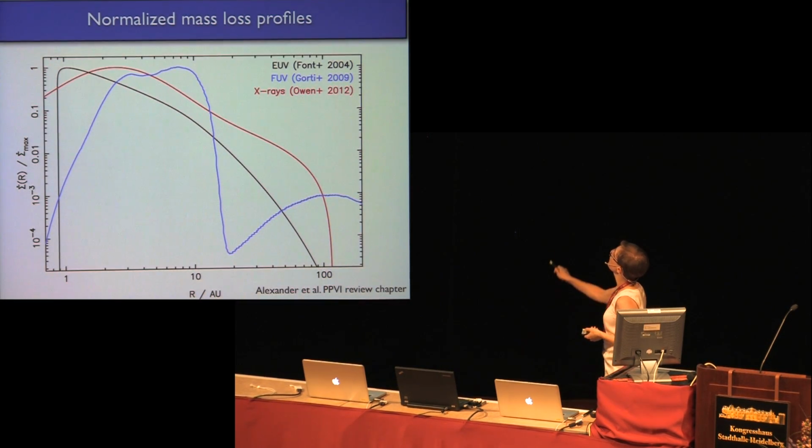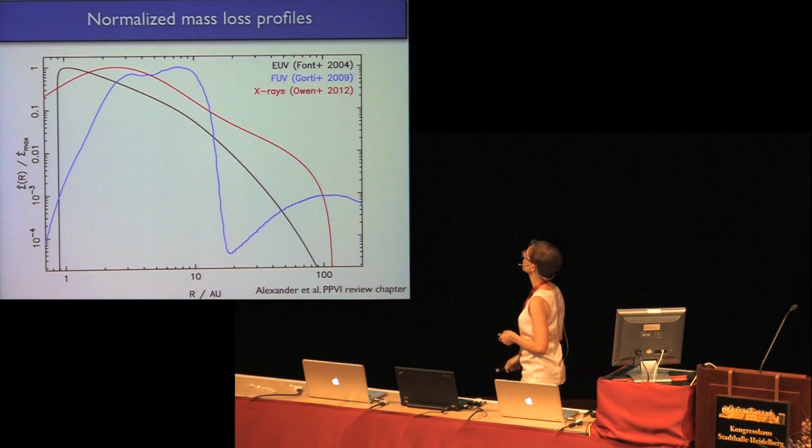The first one is showing the normalized mass loss profile as a function of radial distance from the star. So what we see here in black is the EUV model. Most of the mass is lost at the critical radius. Then in red, it's a model that includes also X-rays, and X-rays are the dominant driver of photoevaporation.